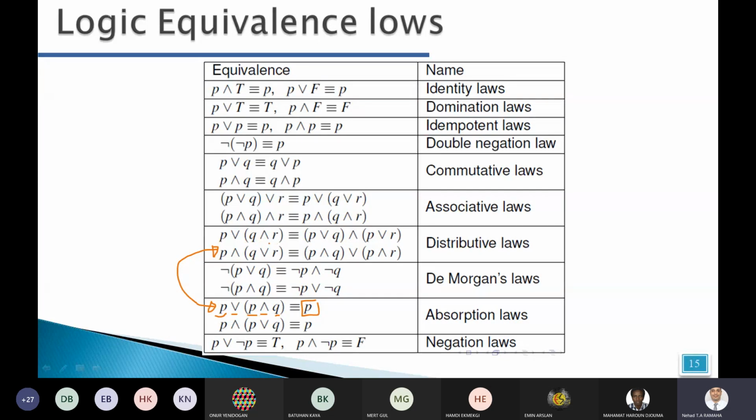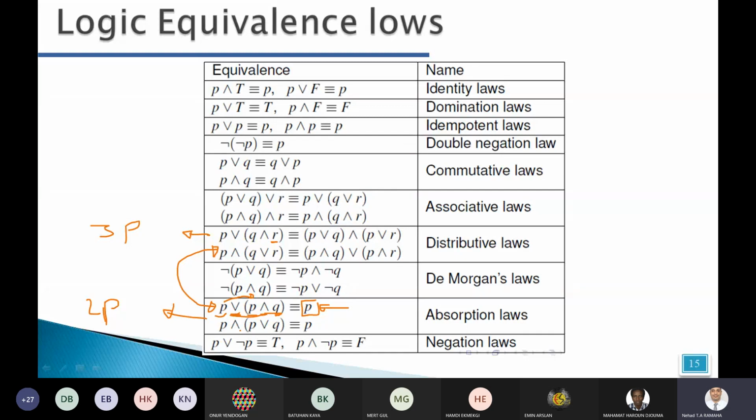Here, I have between the brackets Q and R, then you have three different propositions. But here I have two propositions, P and Q. So when you want to distribute this P using OR, inside the result will be P only.